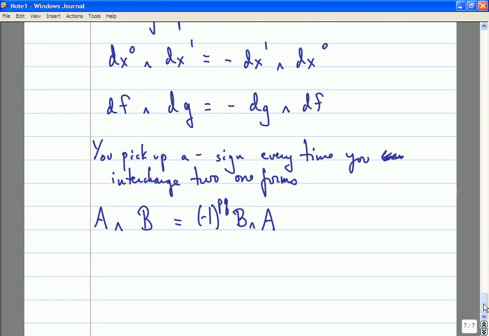Yes, question. If you have a D form and you wedge it with a one form, what do you get? You get 0. In D dimensions? Yes. If you think about it, that should be clear. Why is it 0? Well, it's a D plus 1 form in D dimensions.